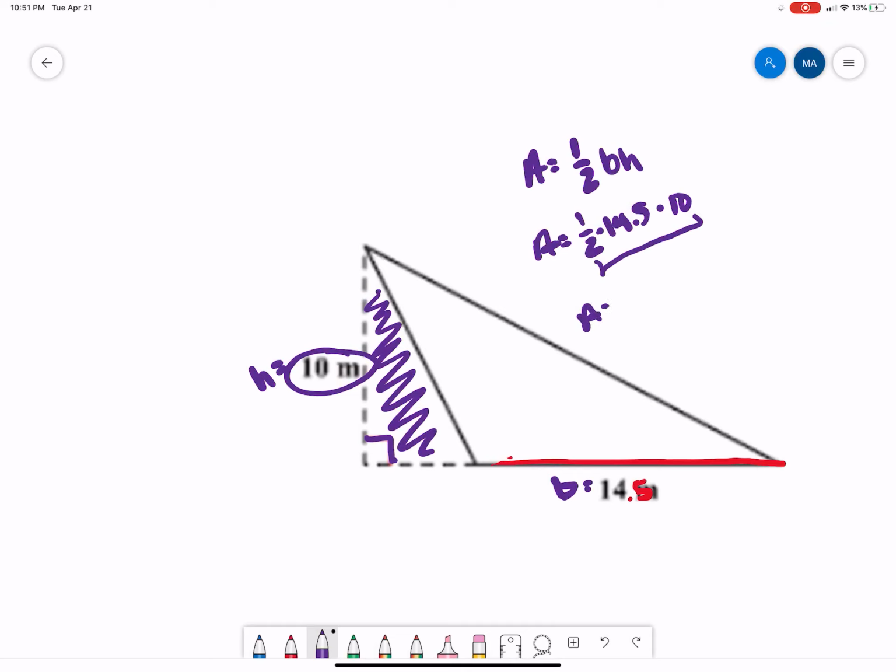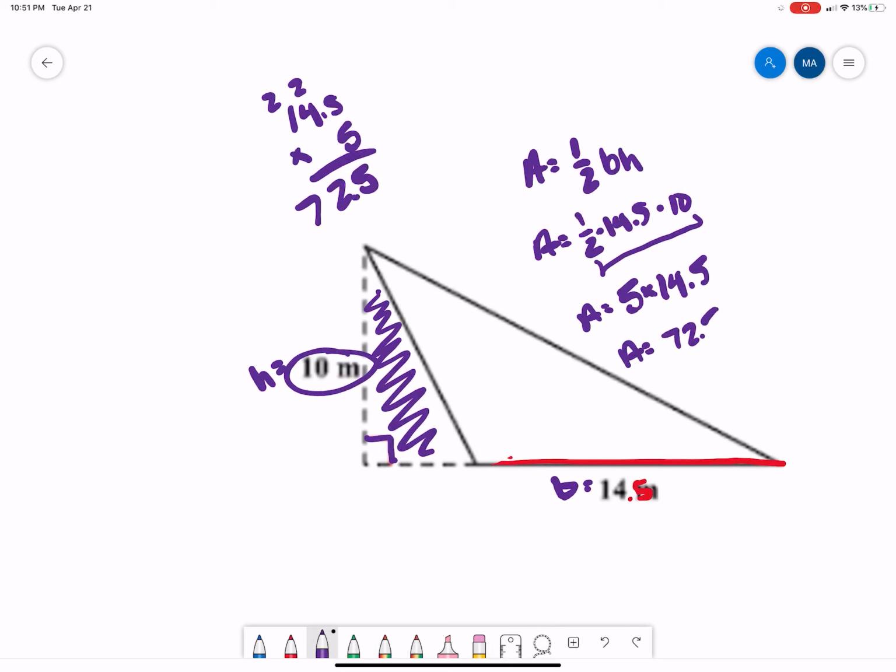So then I get area equals 5 times 14.5. I'm going to do a little bit of scratch math off to the side. 14.5 times 5 is 72.5. Now I have a label of meters, so it's meters squared.